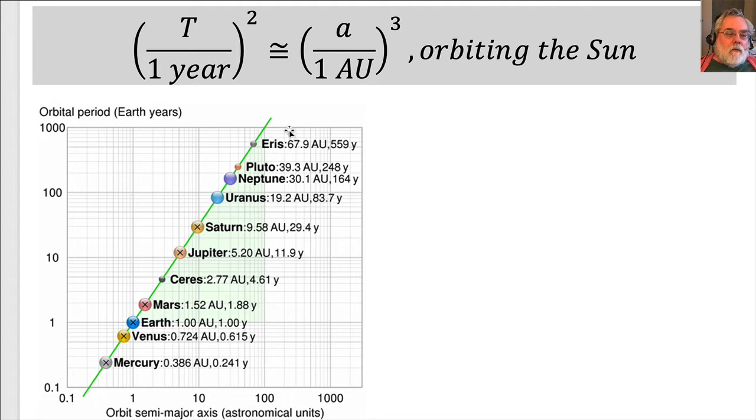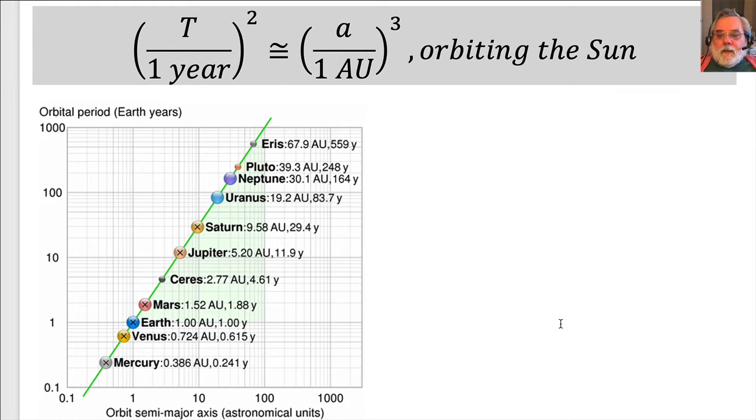And this green line represents this Kepler law for the solar system. And it applies whether the planet is very massive or not.